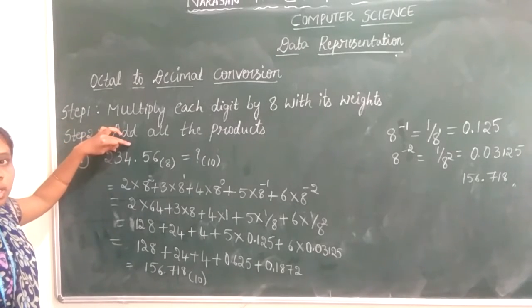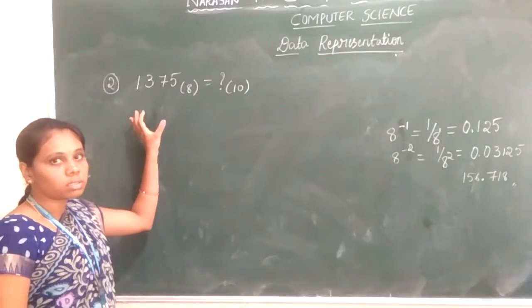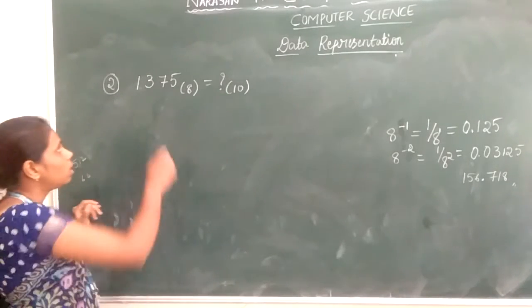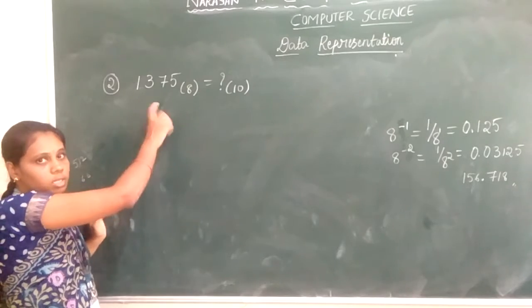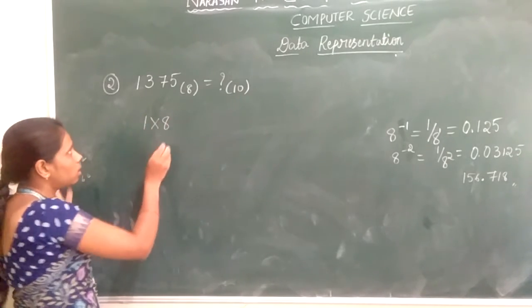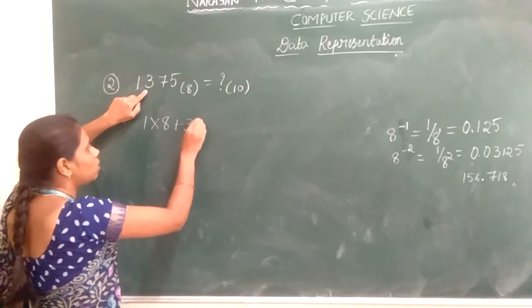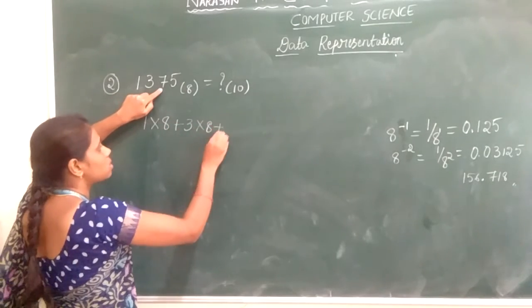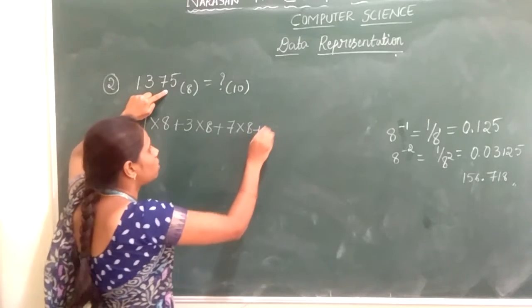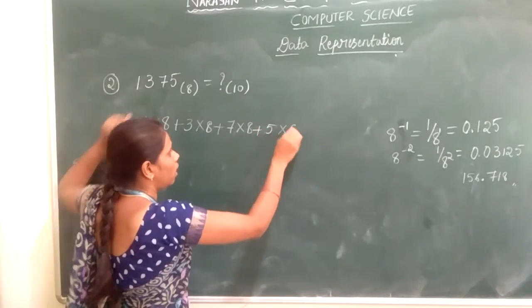Now we will see one more example. This is one more example problem. Multiply each digit by 8. Take 1 into 8 plus 3 into 8 plus 7 into 8 plus 5 into 8.